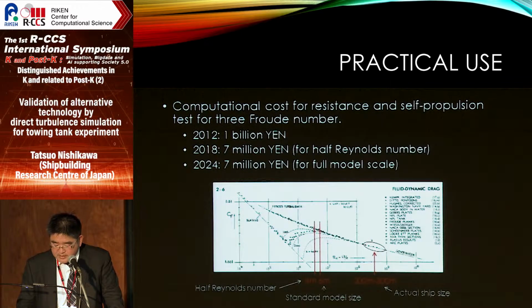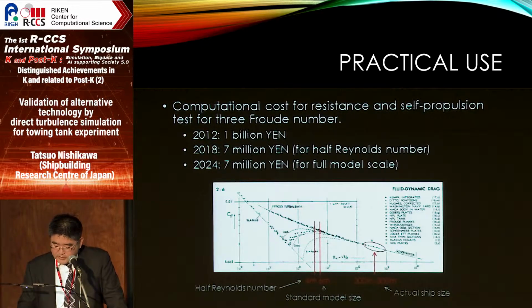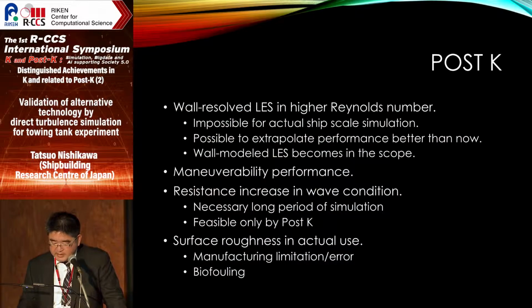So in order to remove their misunderstanding, we proved that the 4 meter simulation can accurately extrapolate to the 6 meter result. On the other hand, there is a choice to wait until 2024, when the full model scale simulation will be affordable.